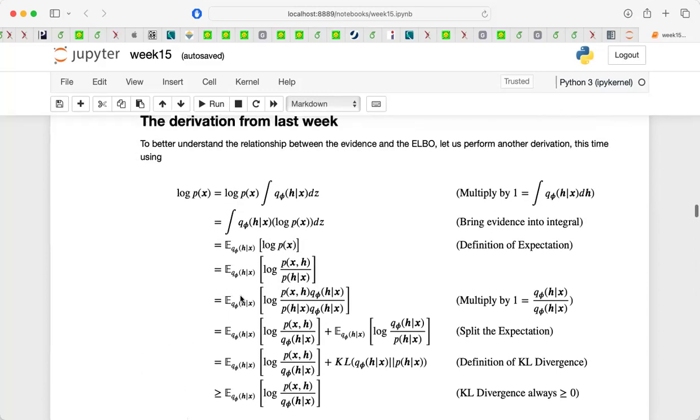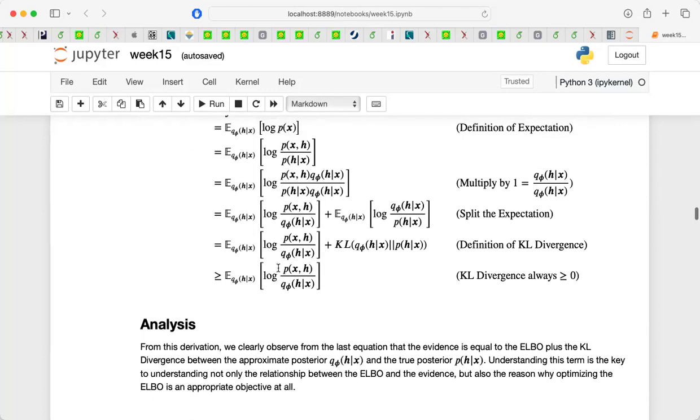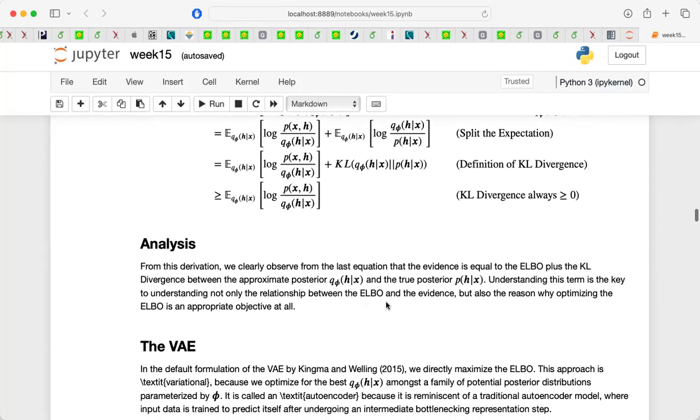So the evidence which we want is actually this probability distribution. So we can rewrite it in terms of models here. And then we have a relation between the approximate posterior and what we call the true posterior. And understanding this term is actually key to understanding not only the relationship between the estimated lower bound and the probability we want, but also the reason why optimizing this is an appropriate objective at all.